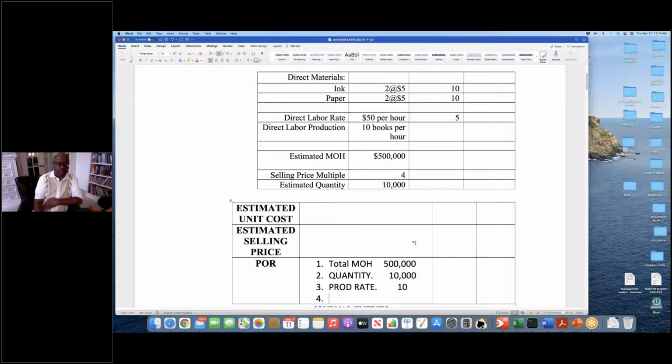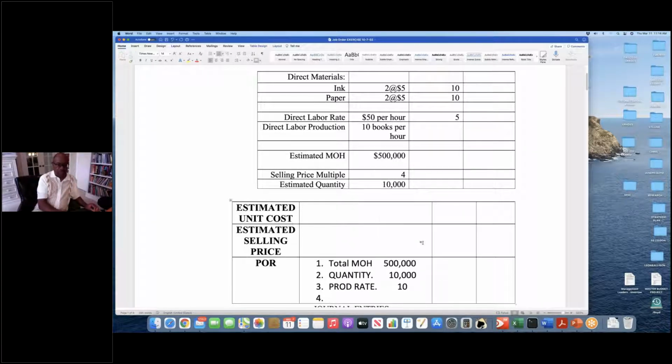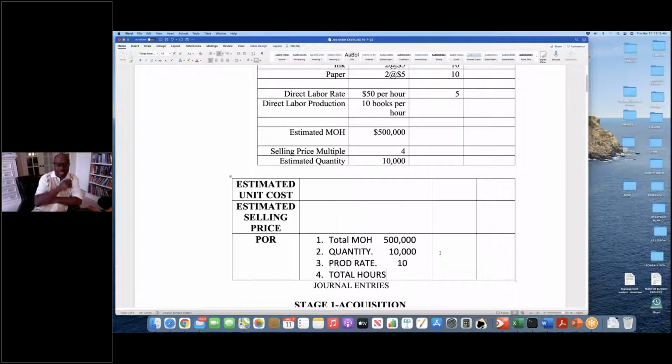What goes on line 4? The total estimated labor hours. So the total hours they're going to have to work. So how many hours are they going to have to work? 1,000. 10,000 divided by 10. Okay, so because we can make more than 1 in an hour, we're dividing.